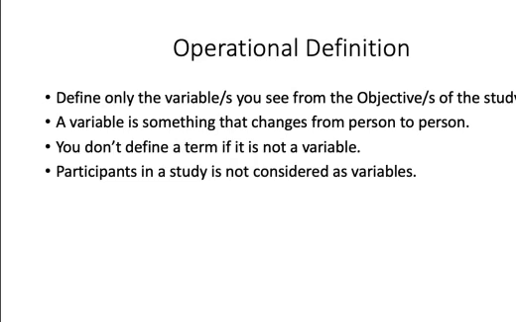And that's the reason why it is called a variable. It changes from person to person. It also changes from time to time, from place to place. Now, you don't define a term if it is not a variable. Participants, for example, in a study is not a variable, so you don't define it.